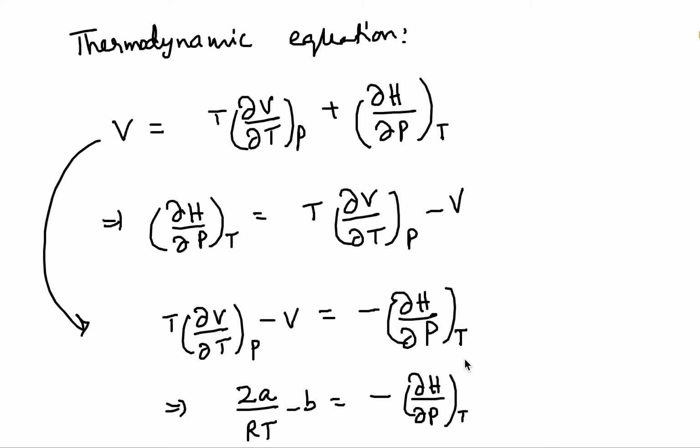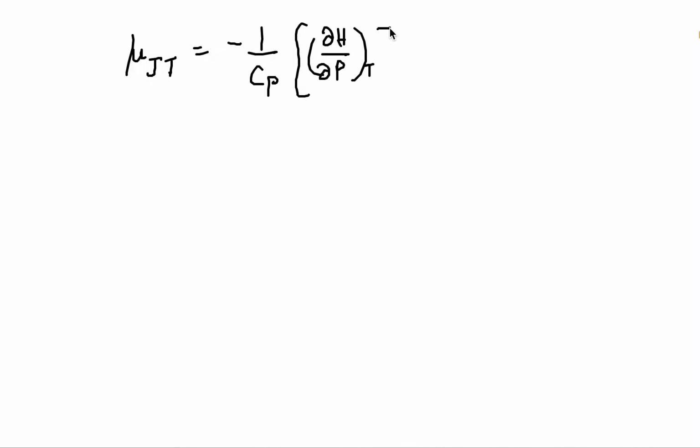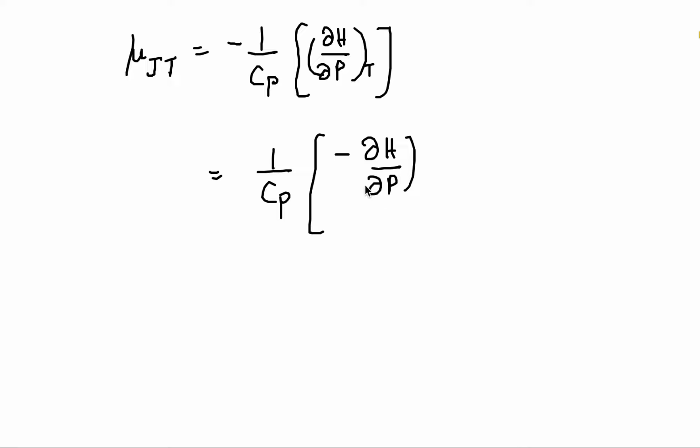Okay, this is a very special term, and it is what we have for the Joule-Thomson coefficient. The Joule-Thomson coefficient μJT is equal to negative 1 over Cp times ∂H/∂P at constant temperature. I just bring the negative inside, so we get 1 over Cp times negative ∂H/∂P at constant temperature.